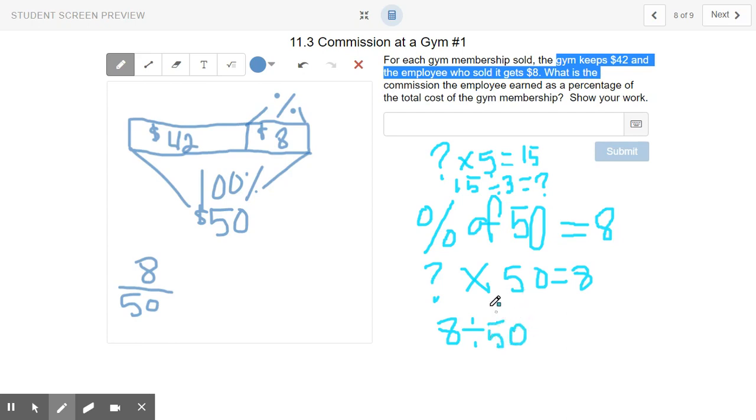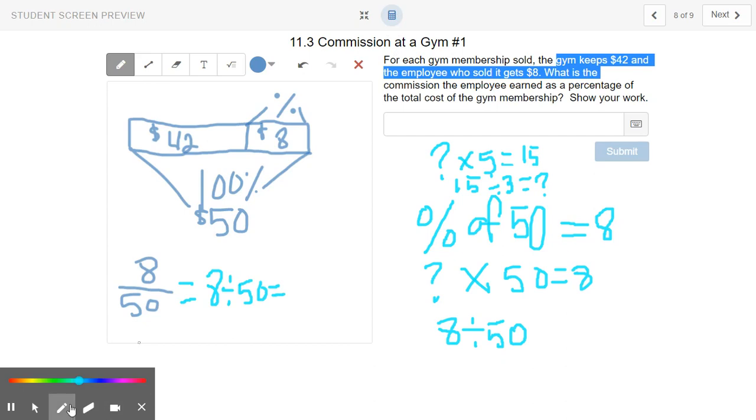Now, remember when we went to the first part and I wrote this, 8 over 50, because I know that we're looking for what is $8 out of $50. And do you remember how this fraction is actually the same thing as, going back to the beginning of the unit, if we take a numerator and we divide it by the denominator, we're going to get a decimal.